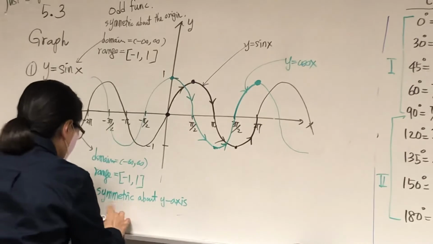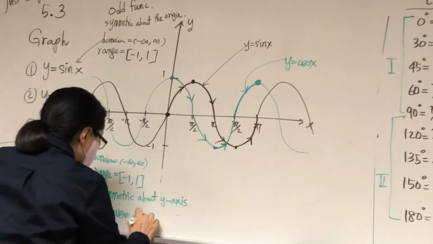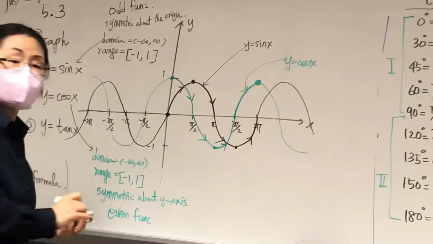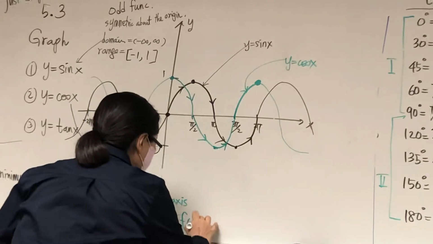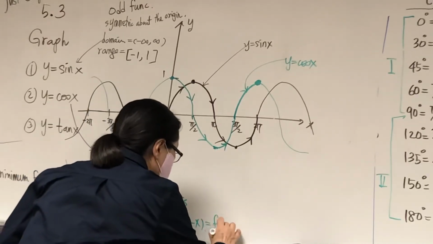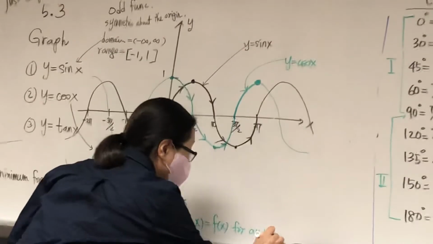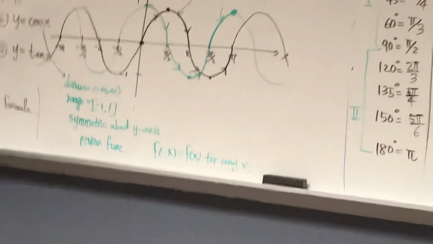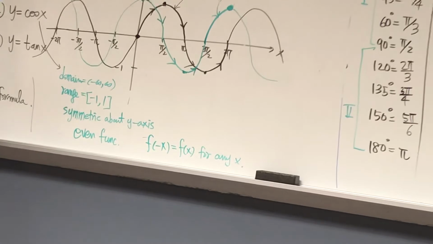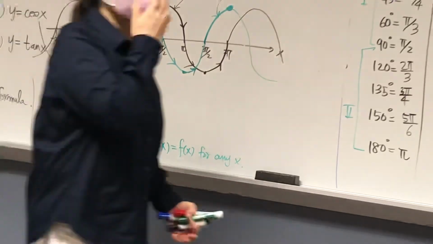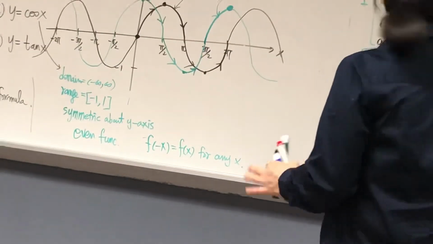So it is an even function. So f of negative x is equal to what? f of x for all x. You should know this because it's old material.